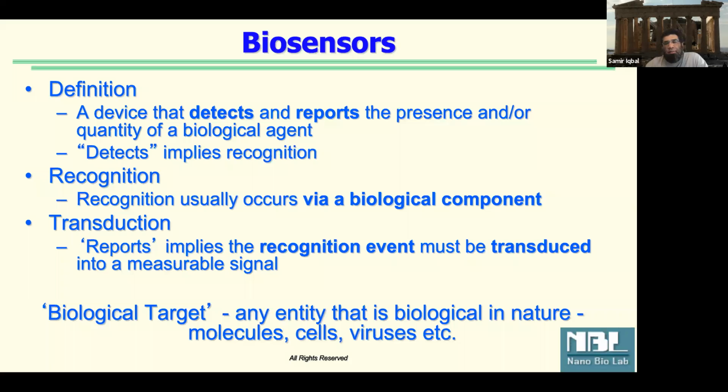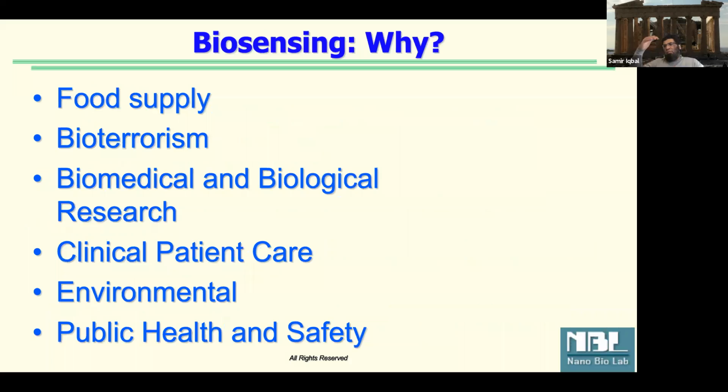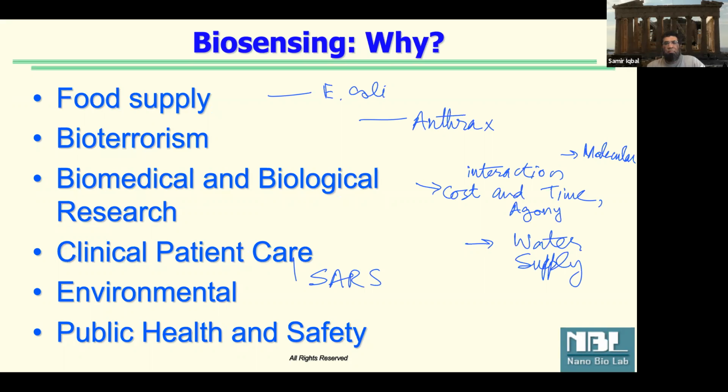Maybe it's through a molecule, maybe a bunch of molecules, maybe a cell, maybe a change in some enzymatic activity. For all different kinds of things, we have different kinds of recognition elements that we may use, right? So we may have a bacterium that we're looking for, maybe we need to coat antibodies on a surface, maybe we coat some proteins.